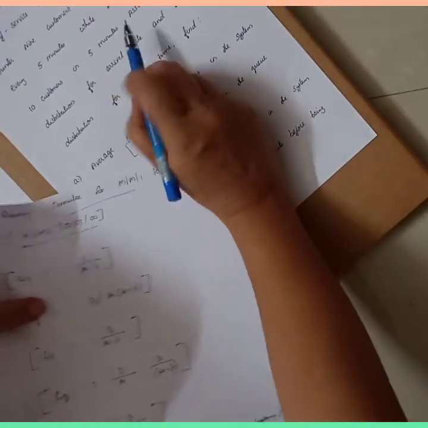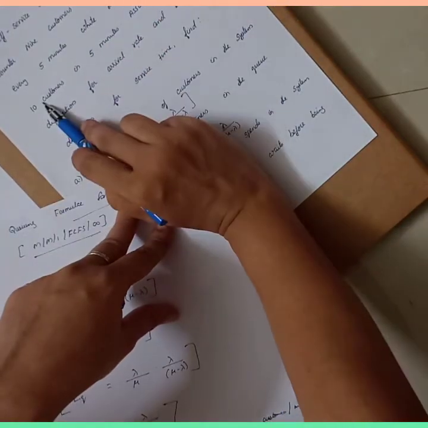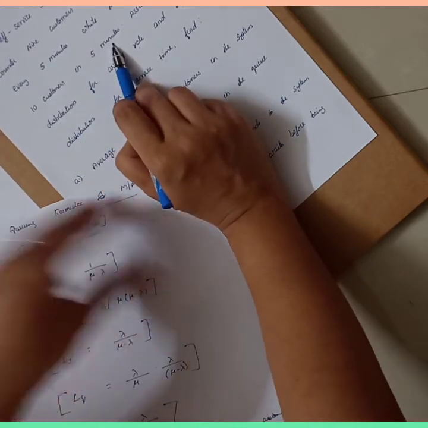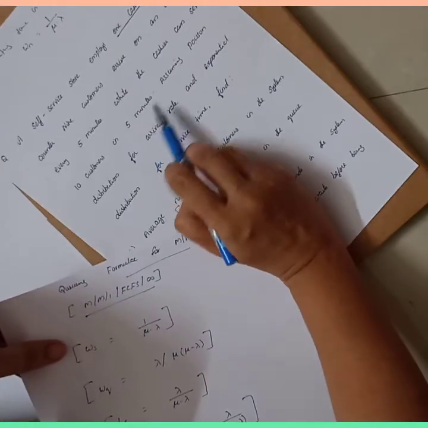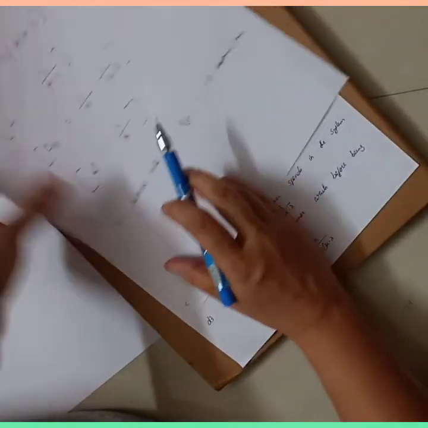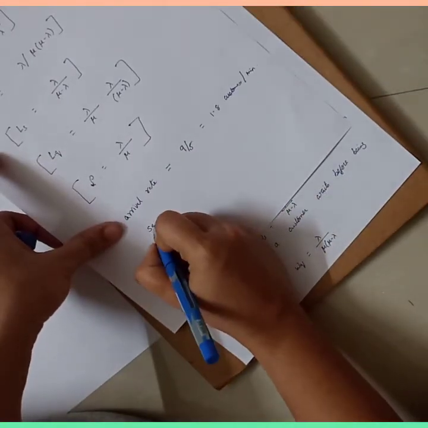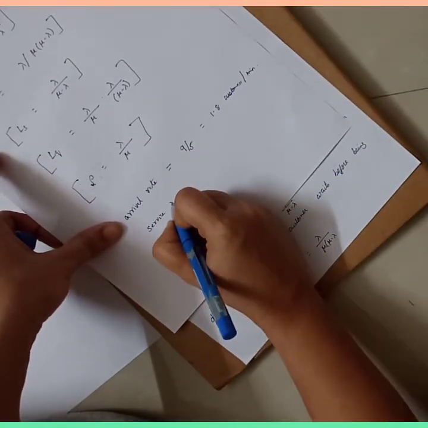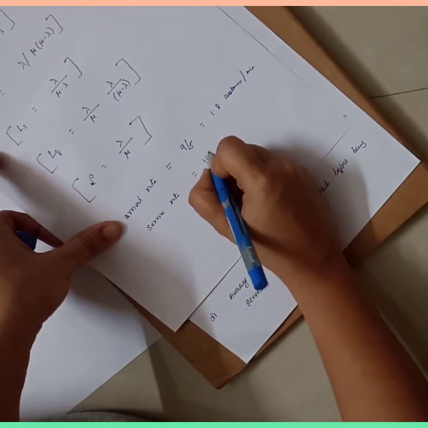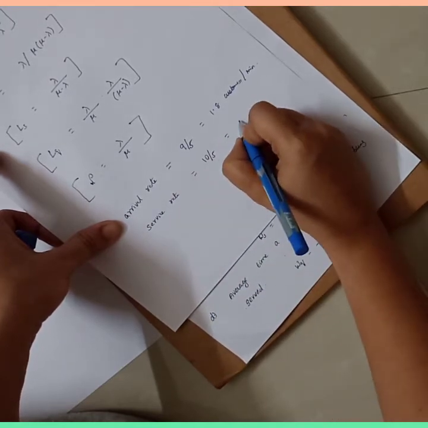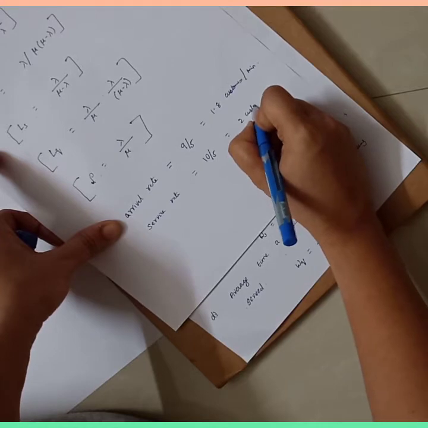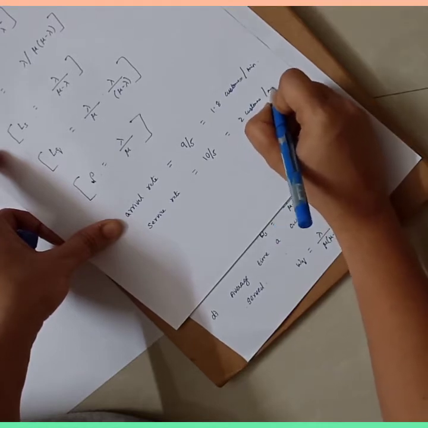Next, the cashier can serve 10 customers in 5 minutes. 10 customers are being served in 5 minutes. So that means service rate is equal to 10 by 5, which is equal to 2 customers per minute.